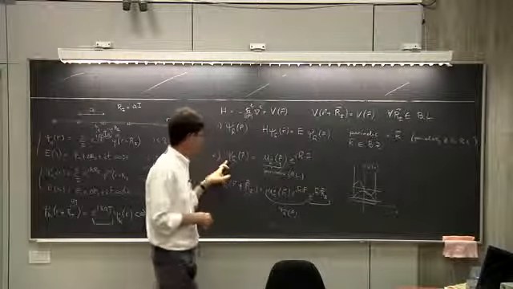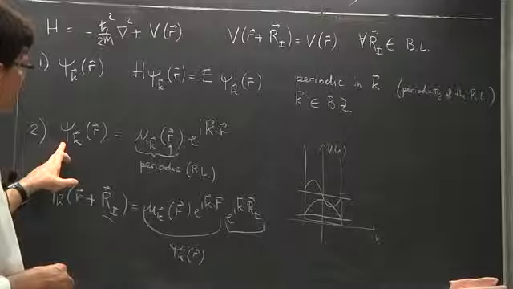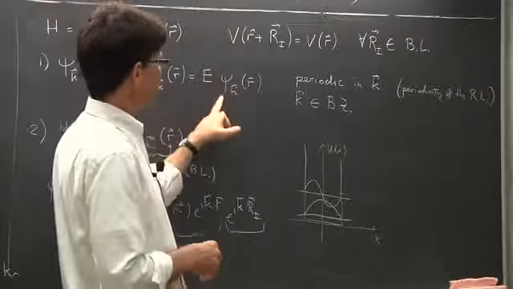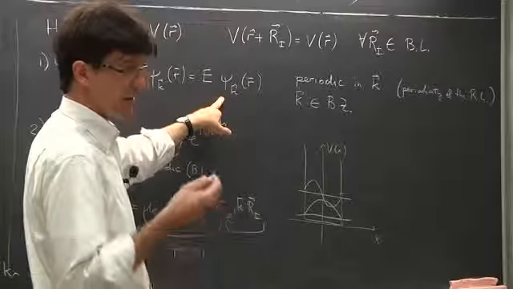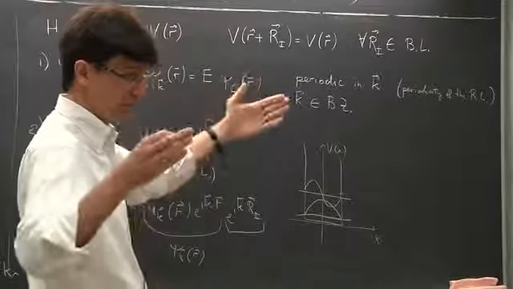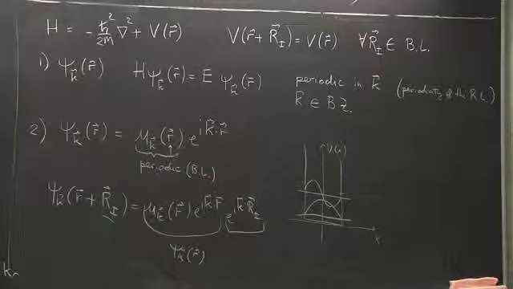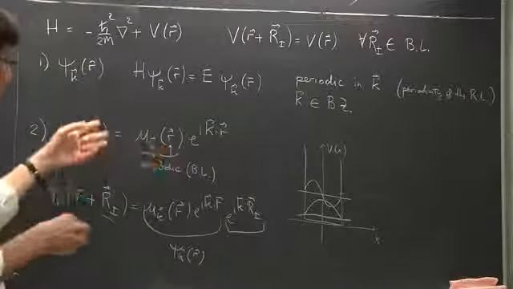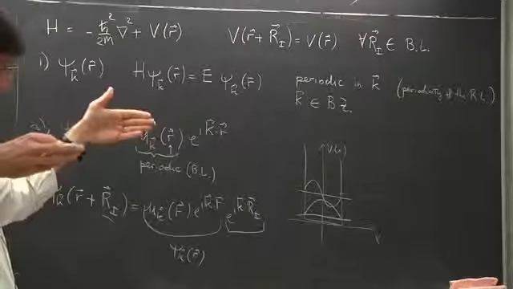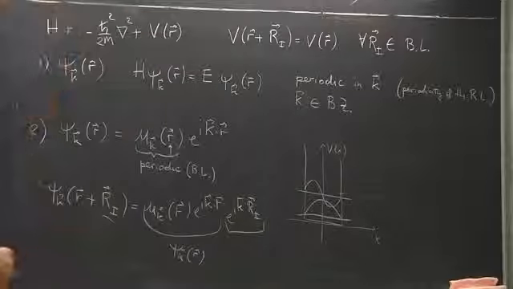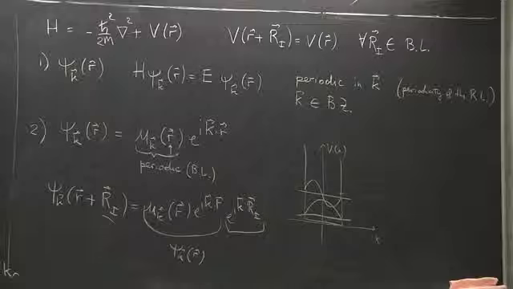Then I can look for solutions of the problem where I'm imposing a real periodicity over a very large n. So instead of using this statement, I'm imposing a periodicity over a very large n, and then I will be able to count the numbers. So it's simply the same argument that we used before.